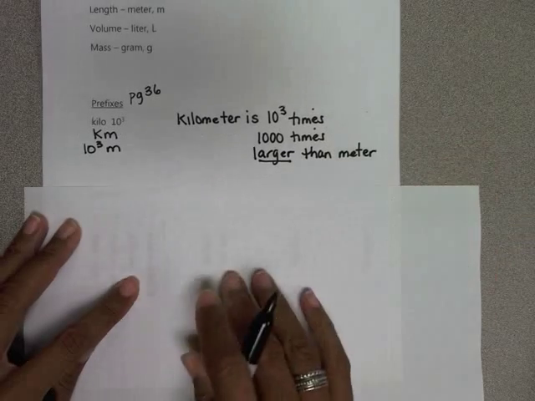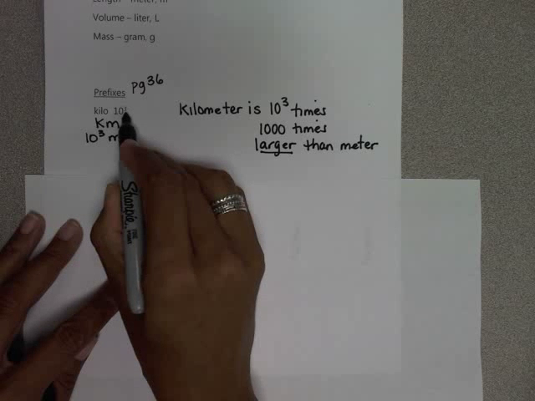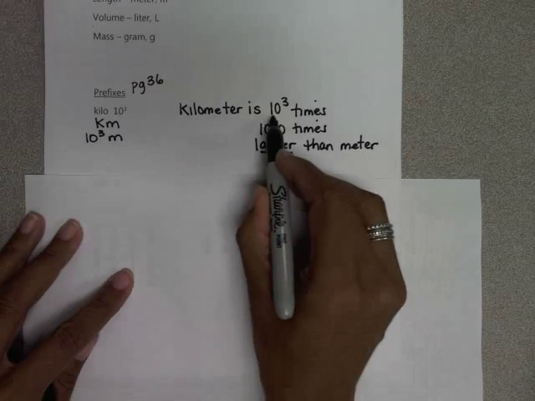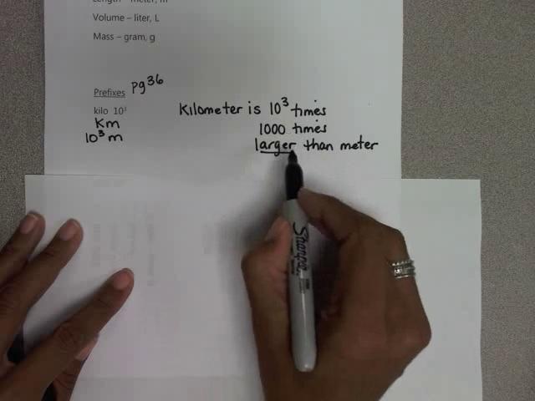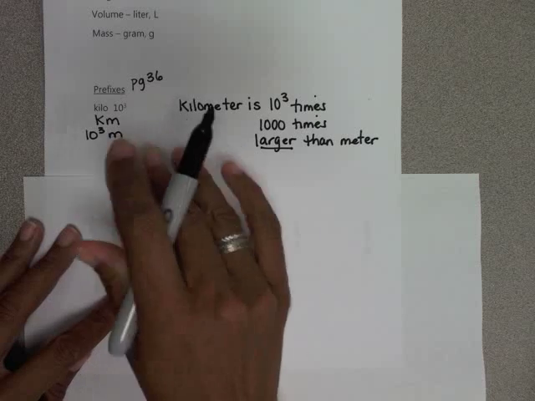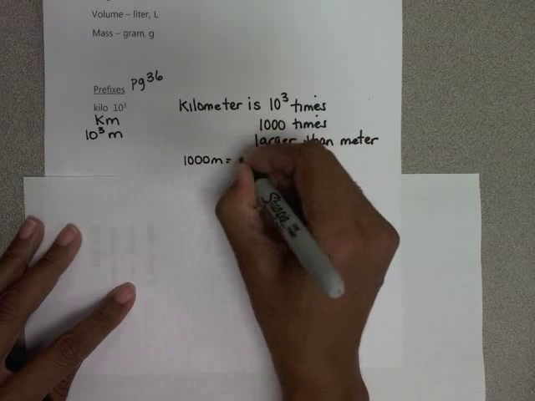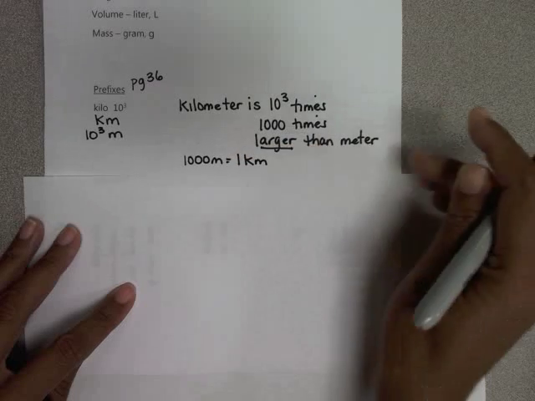And you can remember that it's larger because you have a positive exponent. It's positive 3. Which makes it 10 to the 3 or 1,000 times larger than a meter. So it takes 1,000 meters to make 1 kilometer.